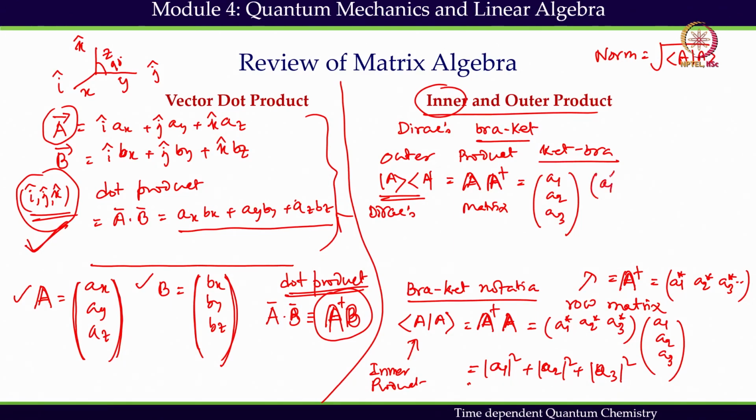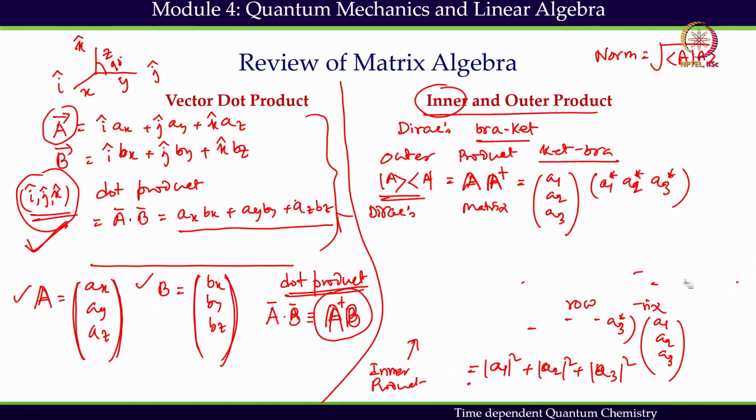So, it is going to be A1 star, A2 star, A3 star, and we have to employ matrix multiplication, which can be done the following way. We always have to follow this way and this way. If we do that, in the end we get this matrix: A1 A1 star, A1 A2 star, A1 A3 star.